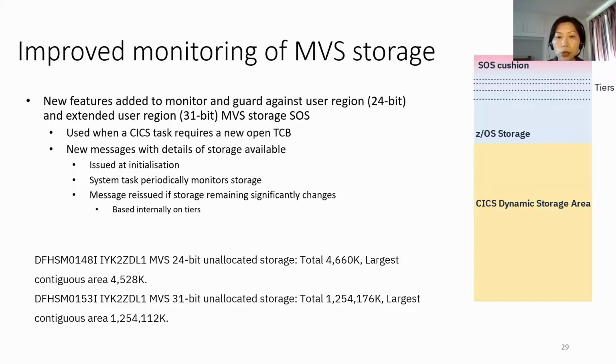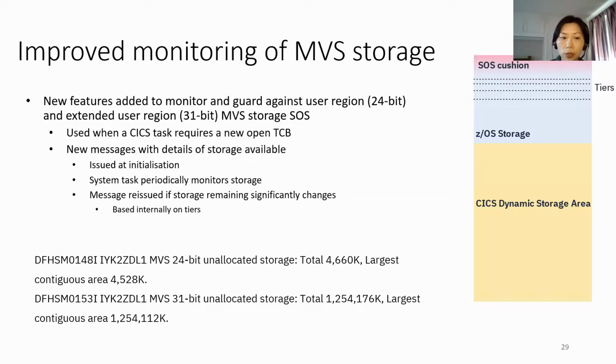This part of storage is used, for example, when a CICS task requires a new open TCB. There is no existing open TCB available to run this CICS task, so CICS will start a new TCB.